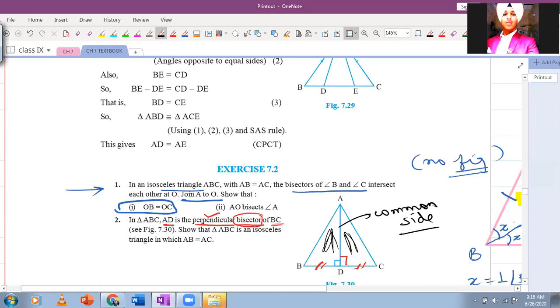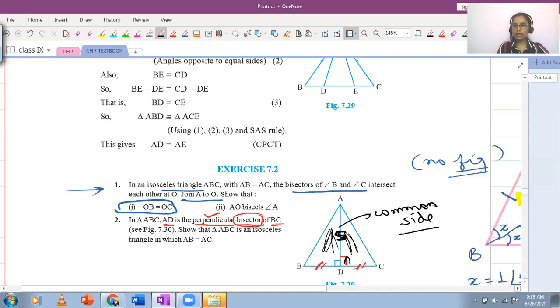Nowhere in the question is angle B equal to angle C given. So we will be using this side in the middle, this angle, the 90-degree angle, and this is equal. So we have SAS. SAS rule is applicable. We will prove triangle ABD congruent to triangle ACD. And then from here by CPCT, we can say AB equals AC.